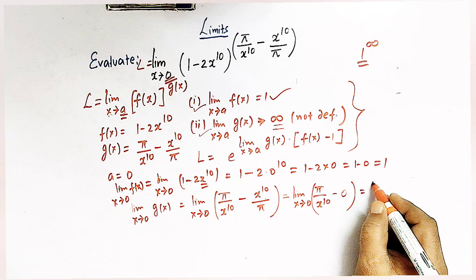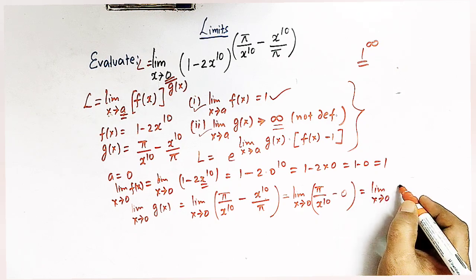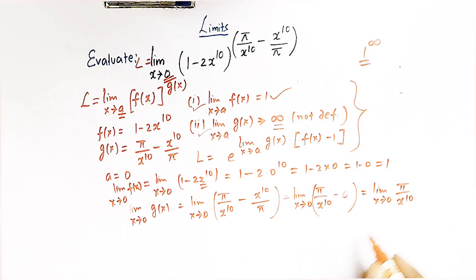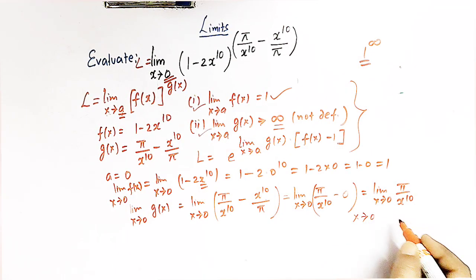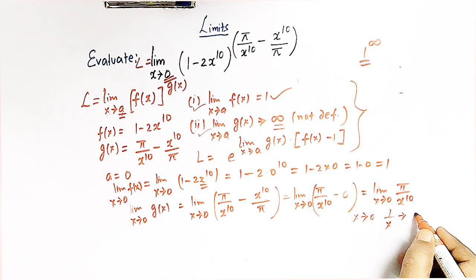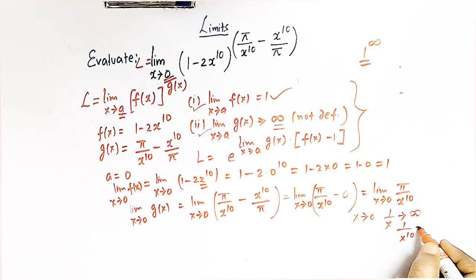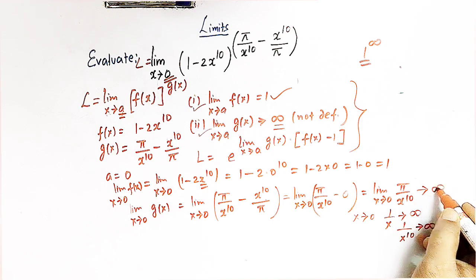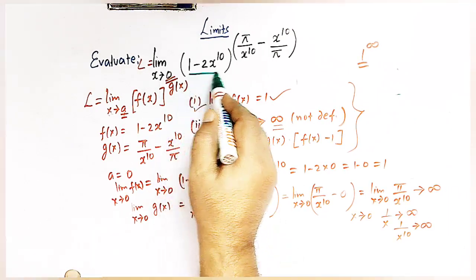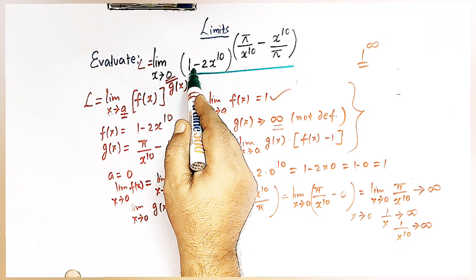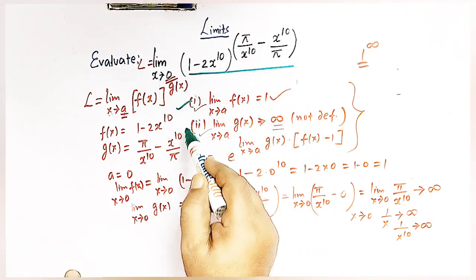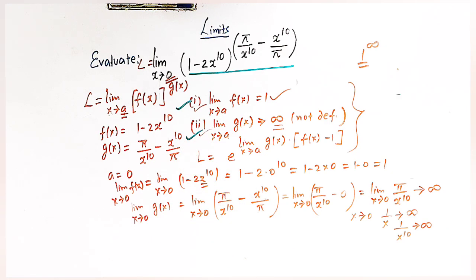So now this is the limit x tends to 0 pi divided by x raised to 10. So now when x tends to 0, then 1 over x tends to infinity, and similarly 1 over x raised to 10 also tends to infinity, right? So this limit tends to infinity. So now in the given limit, we have f of x as this function and g of x as this function. And both these functions satisfy these two conditions.